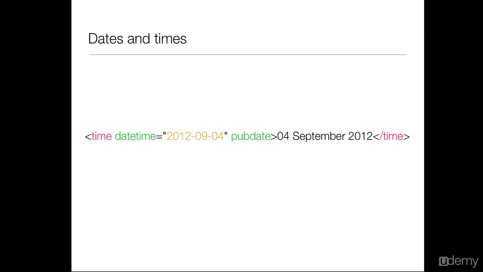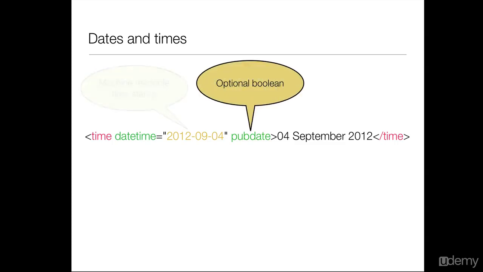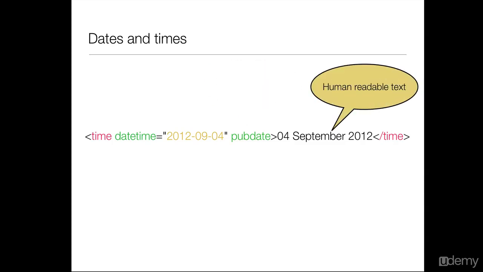So to give that in a little bit more detail for date times, the requirements are the machine readable timestamp, the optional Boolean pub date, the human readable text, which is what is displayed in the browser, and now we've got something which can be quite clearly interpreted by any assistive technology.